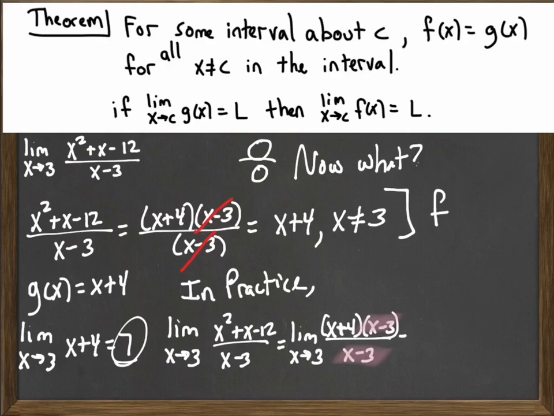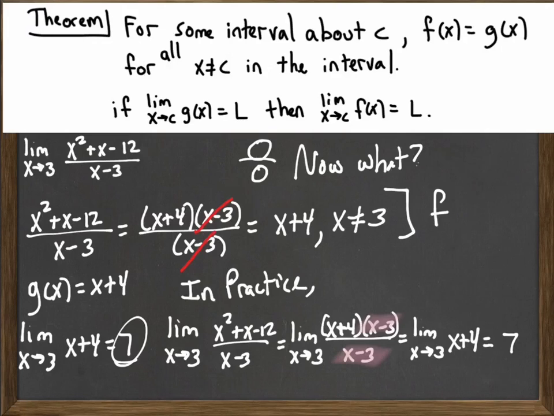And in terms of the limit, the reason we can cancel that out is that the limit doesn't care what happens at 3. At x minus 3, when that's 0 over 0, the limit's not worried about that. The limit doesn't care about x equals 3, specifically has no interest in that. That's why we're allowed to cancel it out, because it doesn't change the limit. And so then we get the limit of x plus 4 equals 7.